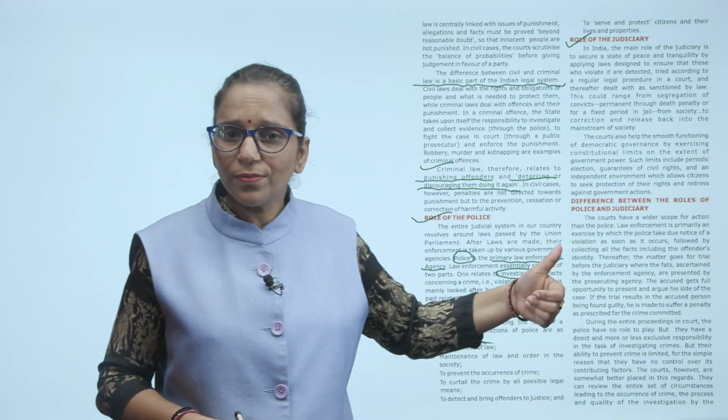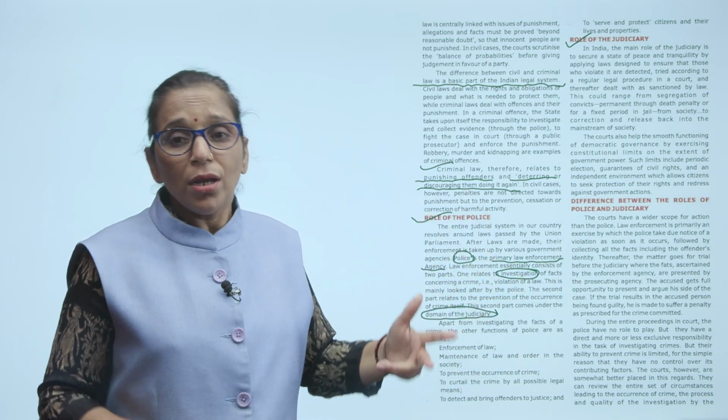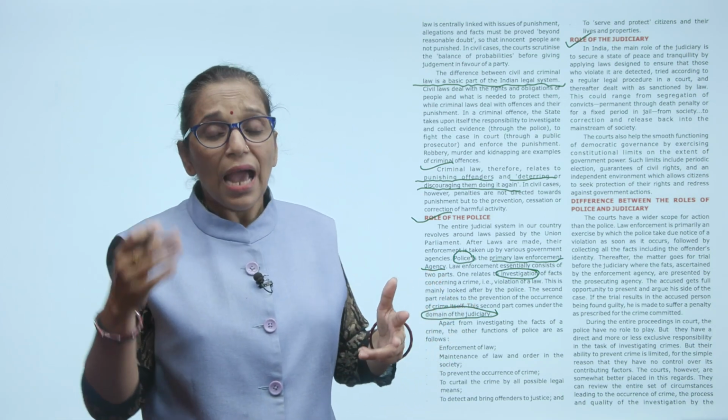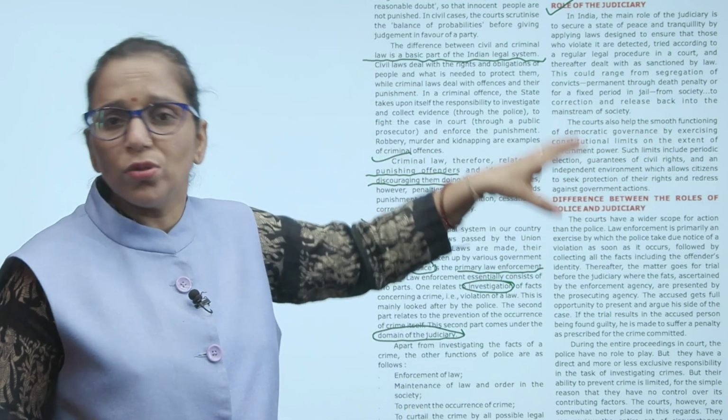Such limits include periodic elections, guarantees of civil rights, and an independent environment in which citizens can seek protection of their rights and redress against government action. So the courts do all this for smooth governance.